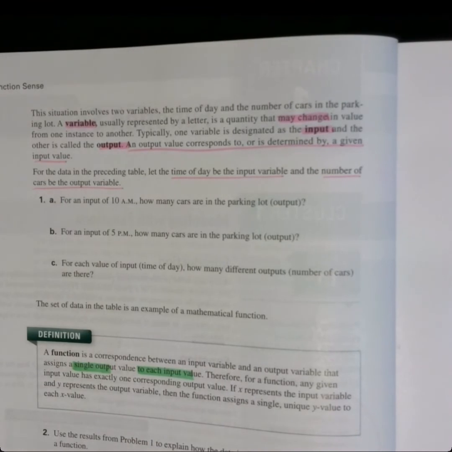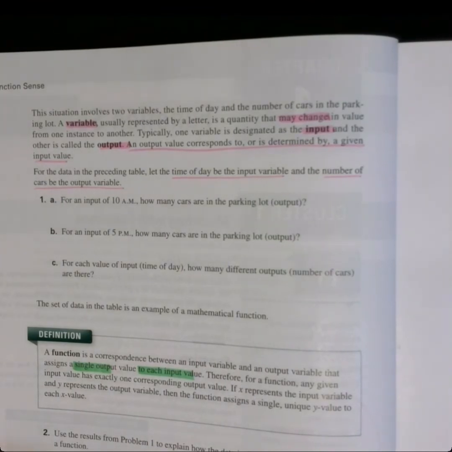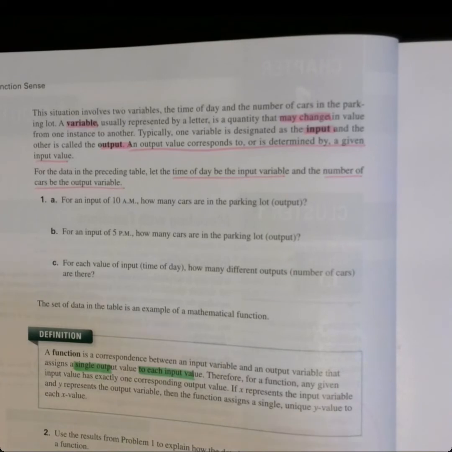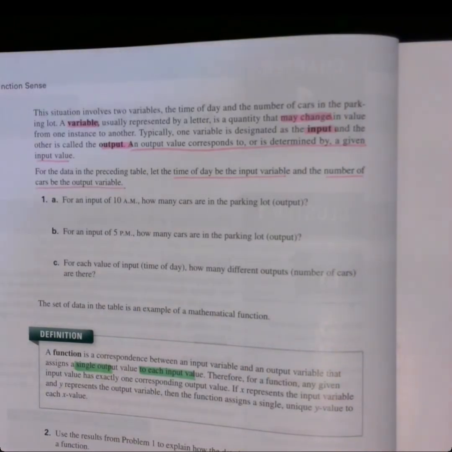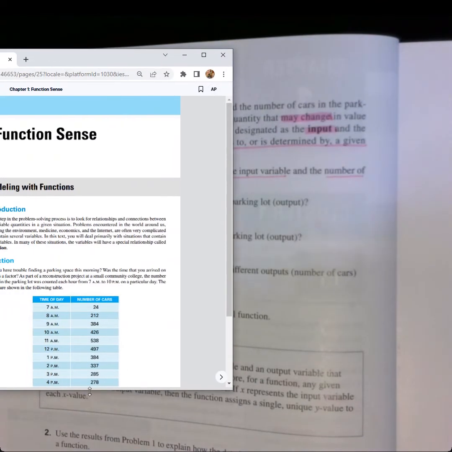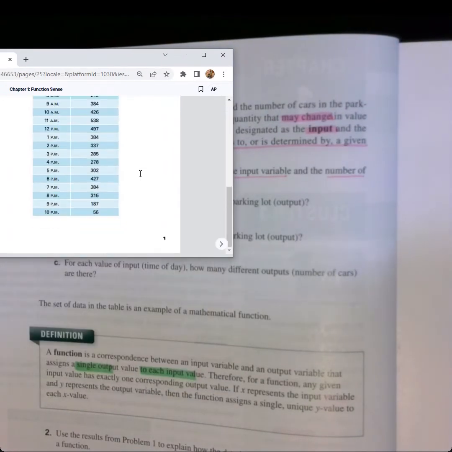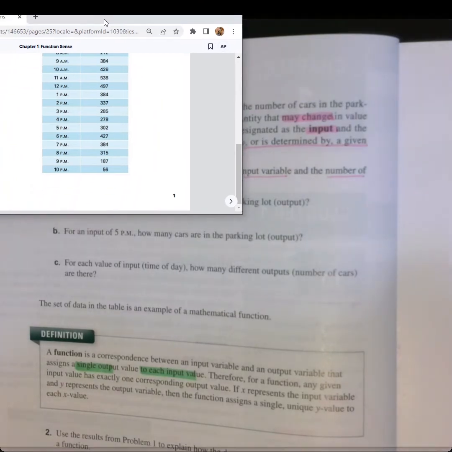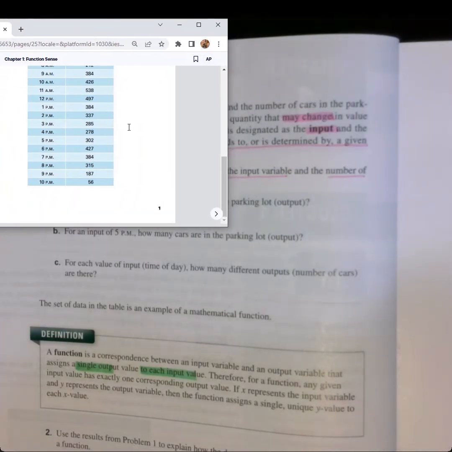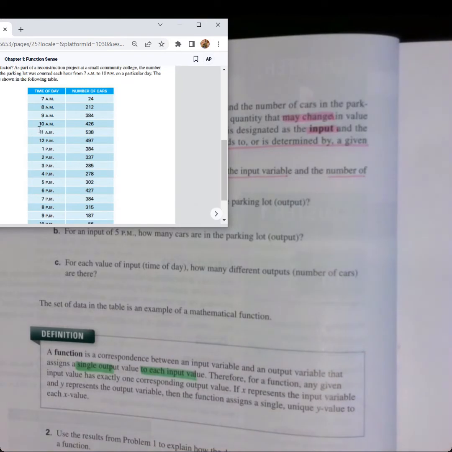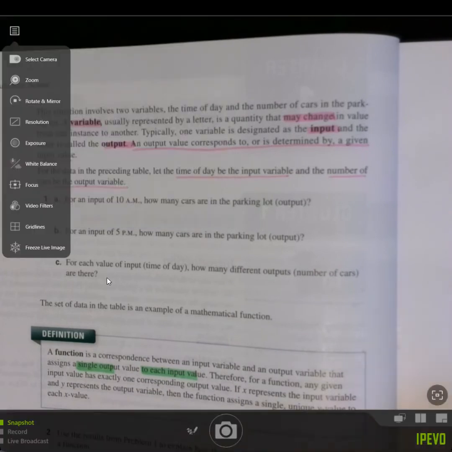It asks us first for an input of 10 a.m., how many cars are in the parking lot? So you need to flip back and forth between the preceding page to be able to answer this question. I'm going to pull my other book, my MyMathLab book, over so that I can see both of these at the same time, and then I'll be able to answer the question. So for 10 a.m., I can see that there were 426 cars in the parking lot.